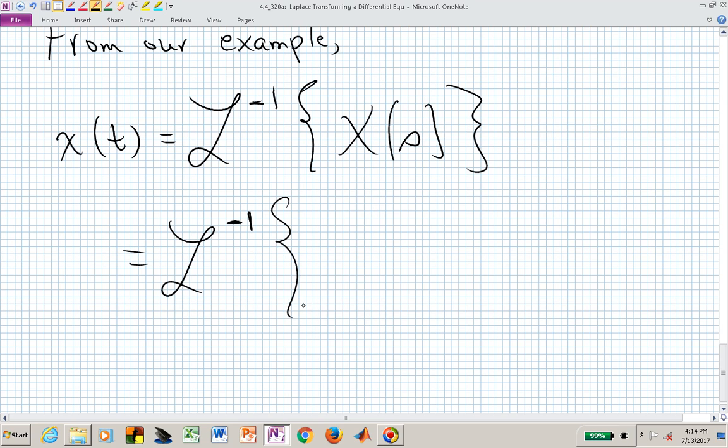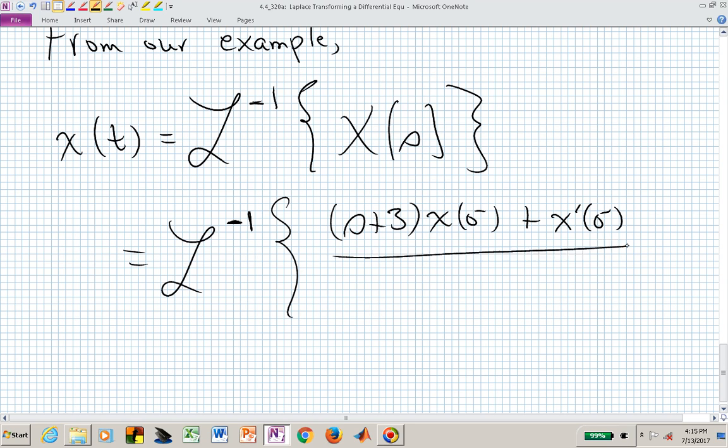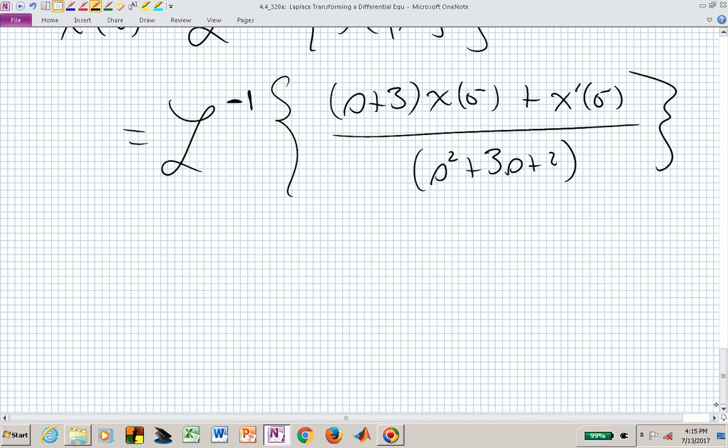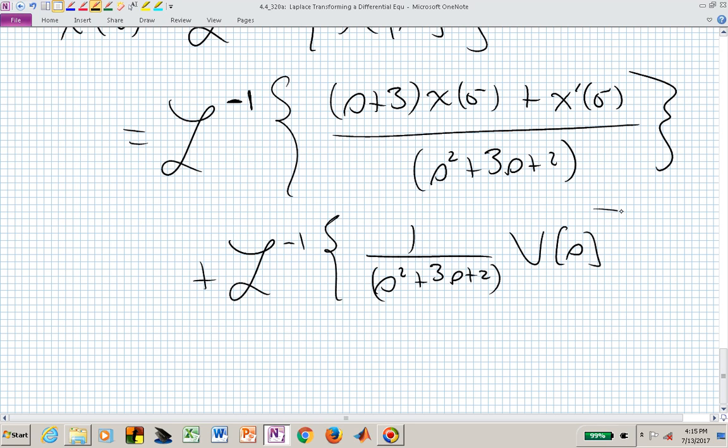We have the inverse Laplace transform of s plus 3 x of 0 minus plus x prime of 0 minus over s squared plus 3s plus 2. That was one of the terms, plus the inverse Laplace transform of 1 over s squared plus 3s plus 2, scaling the original forcing function or right-hand side's Laplace transform, capital V of S.